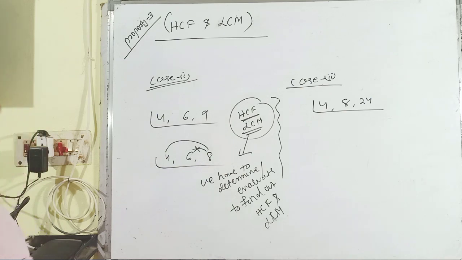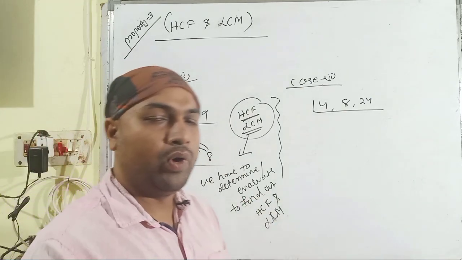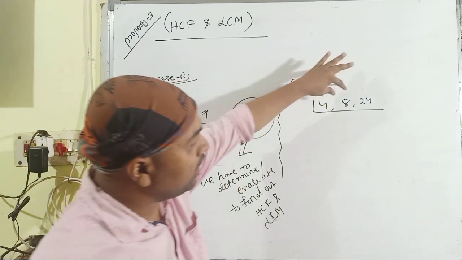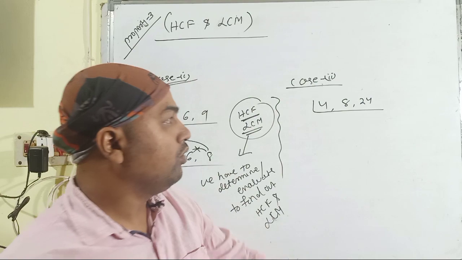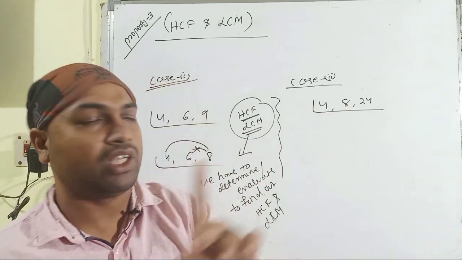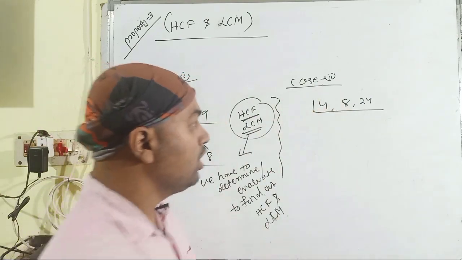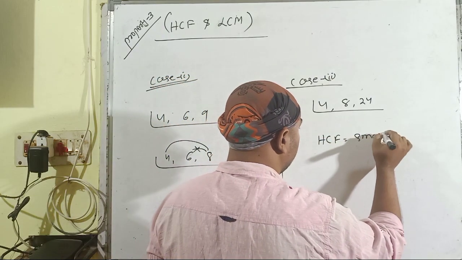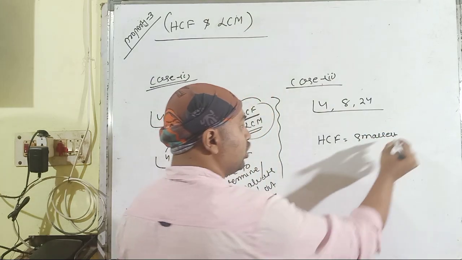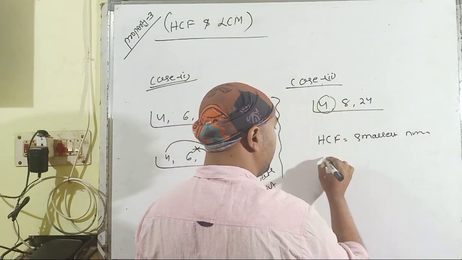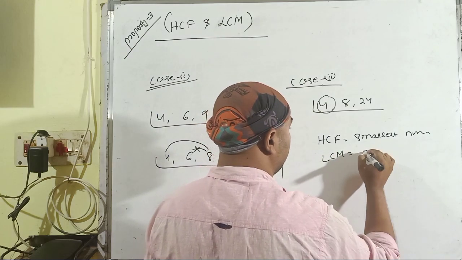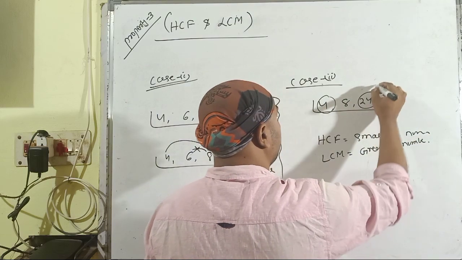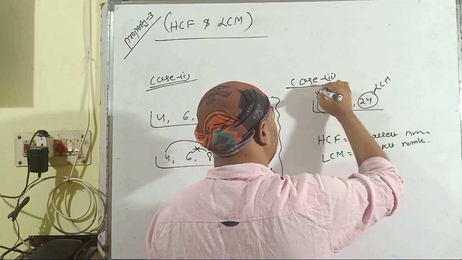But in the second case, we don't need to evaluate the HCF and LCM, because you can choose any two numbers and you will see that the greatest number is definitely a multiple of the smallest number. So here the HCF is the smallest number, 4. LCM is the greatest number, and that is 24. This is the LCM and this is the HCF.